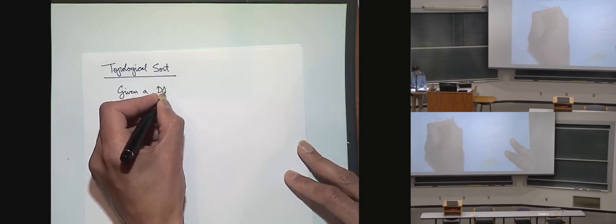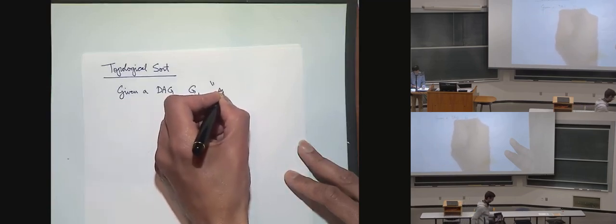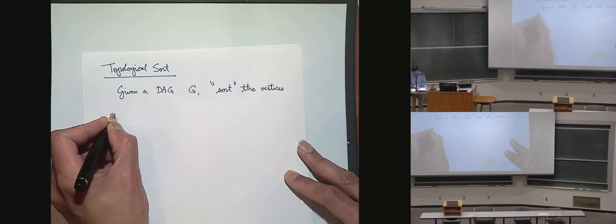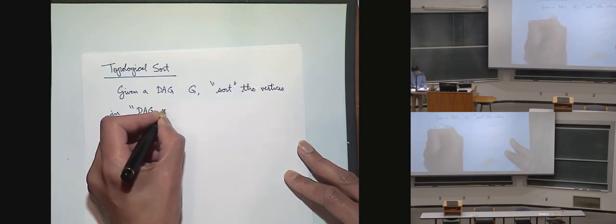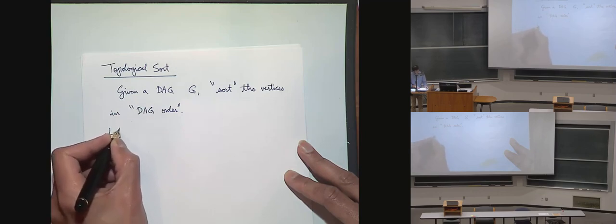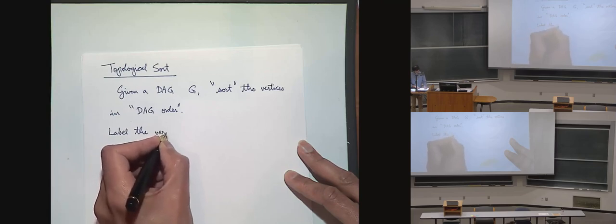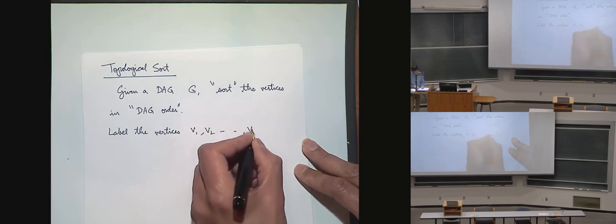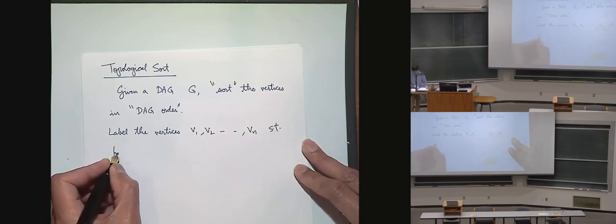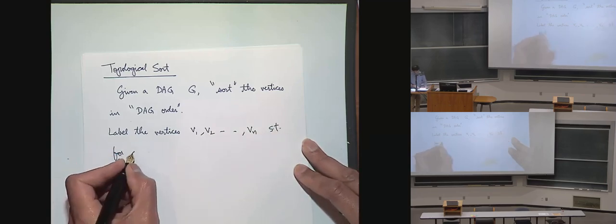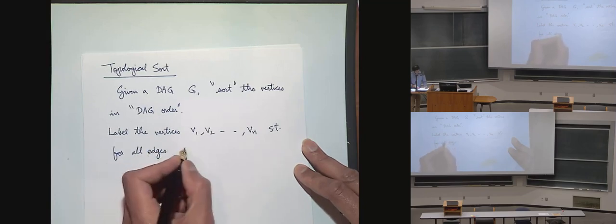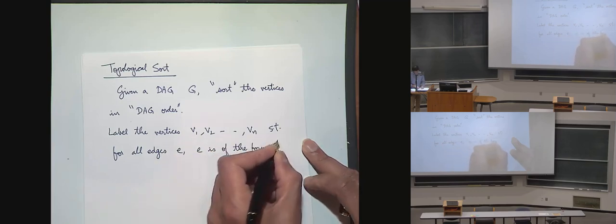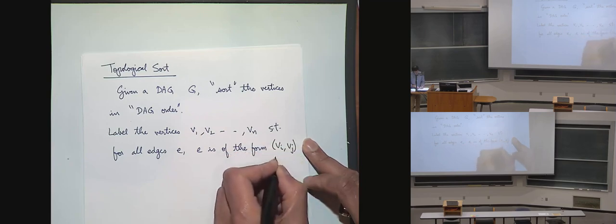Given a DAG G, sort the vertices in what I will call DAG order, which simply means label the vertices V1, V2 up to Vn such that for all edges E, E is of the form Vi, Vj, where i is less than j.